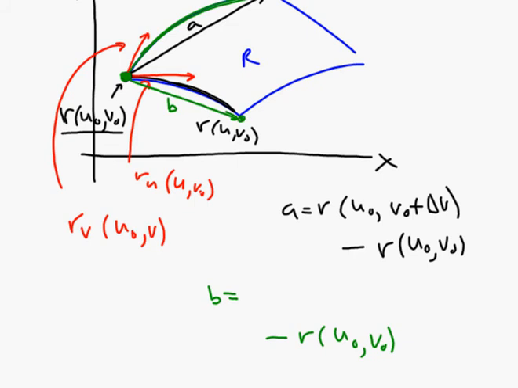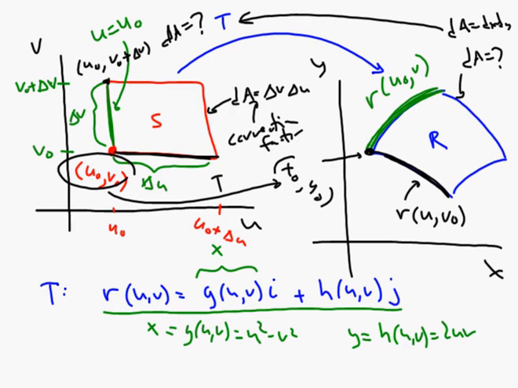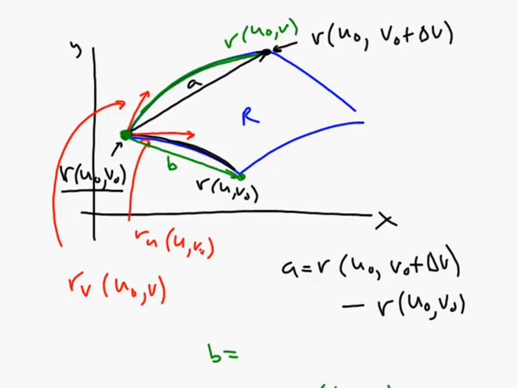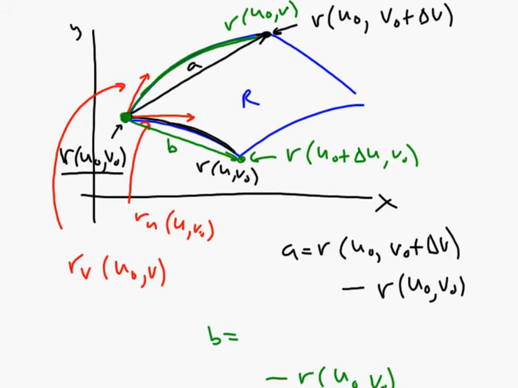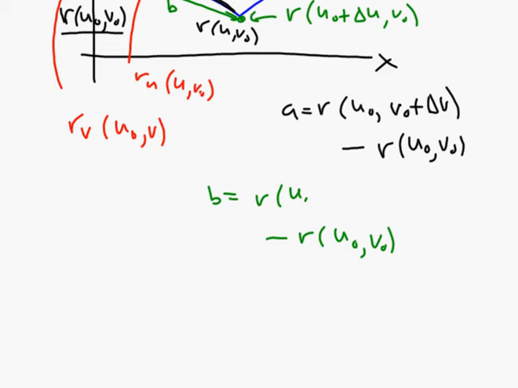That coordinate would be the image of this lower right-hand corner, which we know has coordinates u0 plus delta u, comma, v0. So this point is going to be R of u0 plus delta u, comma, v0. And that's what's going to go here. So now we have R of u0 plus delta u, comma, v0. All right, so now we have the vectors A and B.